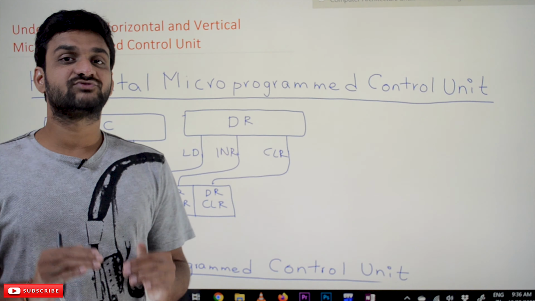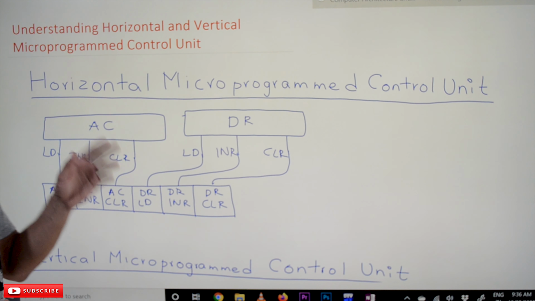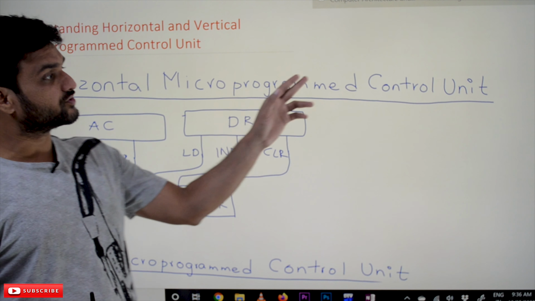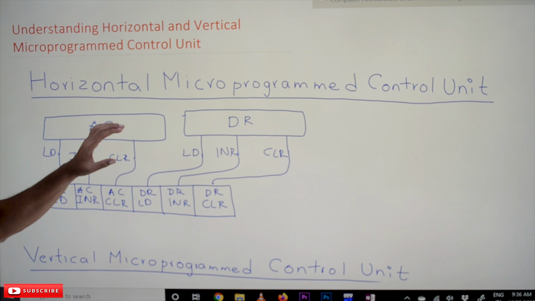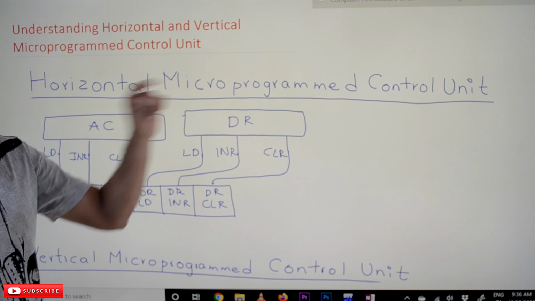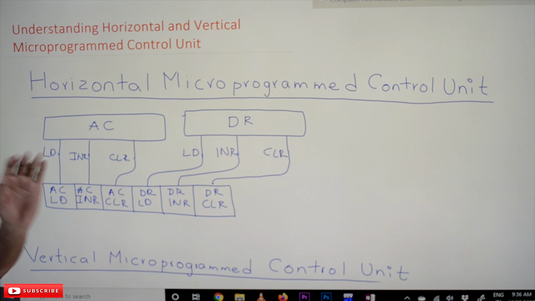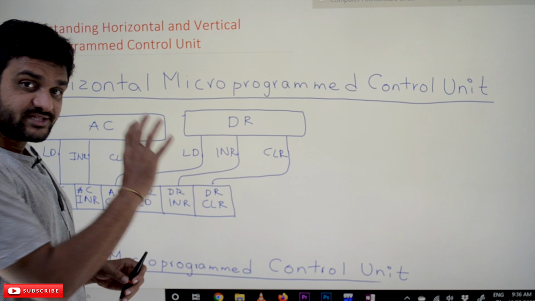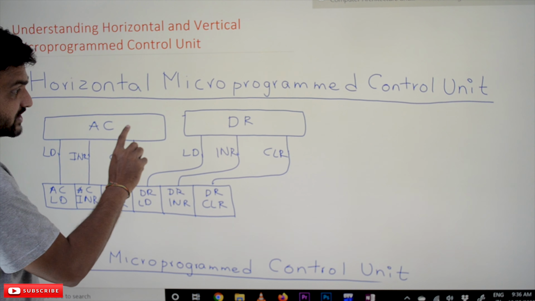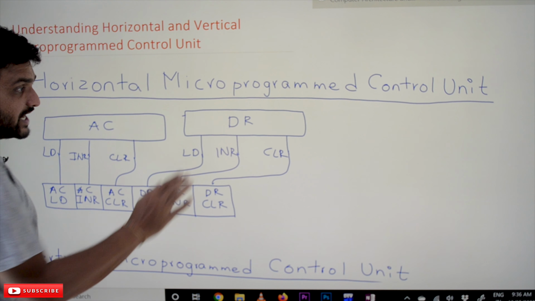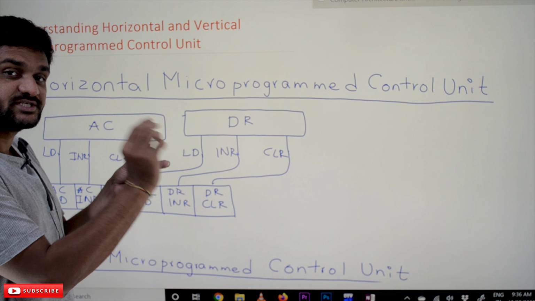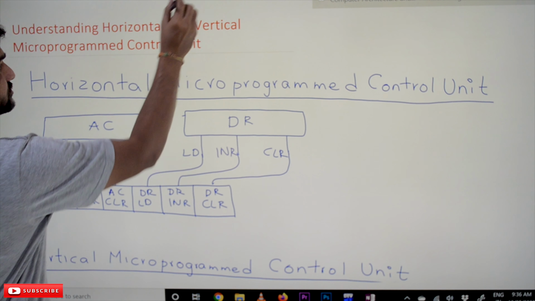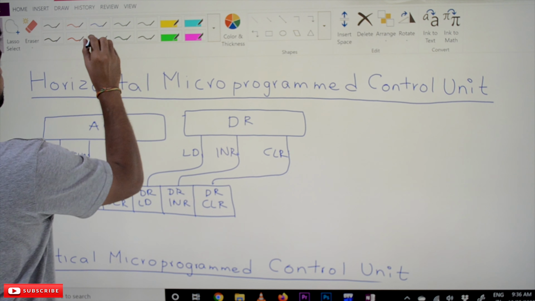Now coming to this class, first we will try to understand what is a horizontal microprogrammed control unit. This example we have already taken in our first video of microprogrammed control unit. There we said that we have two registers, and micro operations that are performed on these registers.